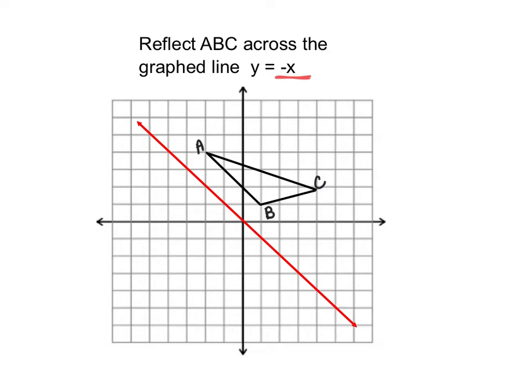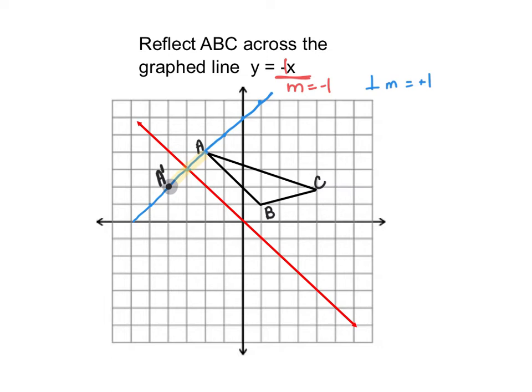So I'm going to start by taking a look at A, and if the slope of my line is -1, I know the line that connects A and A prime must be the opposite reciprocal of -1, which is 1. So I'm going to go ahead and graph a line of slope 1 through A, and that's going to help me find my spot that's equidistant and in the right position. I can see that I'm 1 diagonal's length away from the line, so I'm going to go 1 diagonal's length on the other side of that red line to graph A prime.